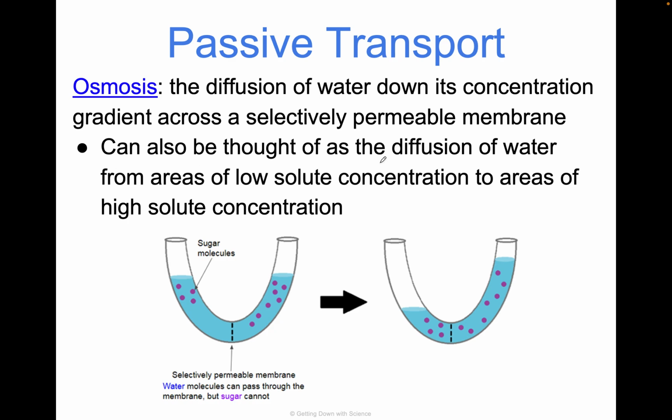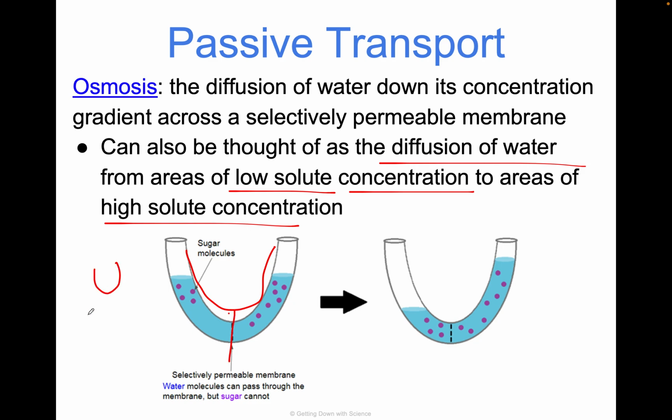You can also think of it as diffusion of water from areas of low solute concentration to areas of high solute concentration. So taking a look at this example down over here, this is a classic example. You have a U-tube there, not YouTube, U-tube.